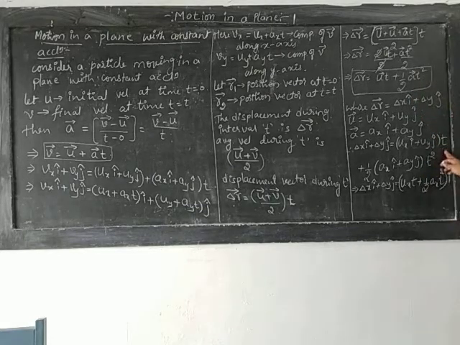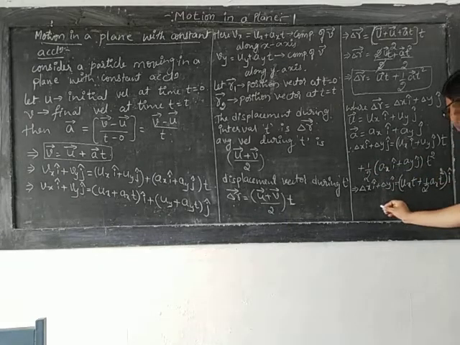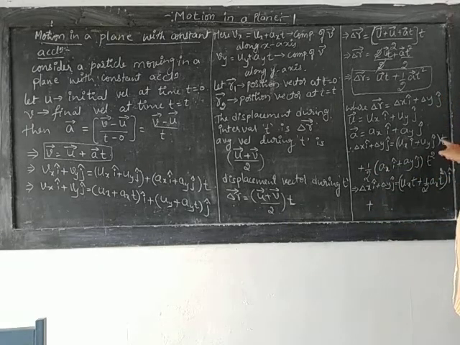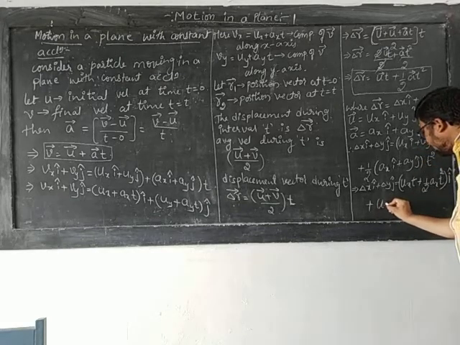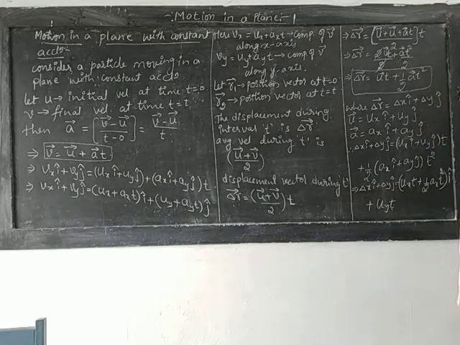So that is, look here, uy into t plus half ay into t square, j cap.